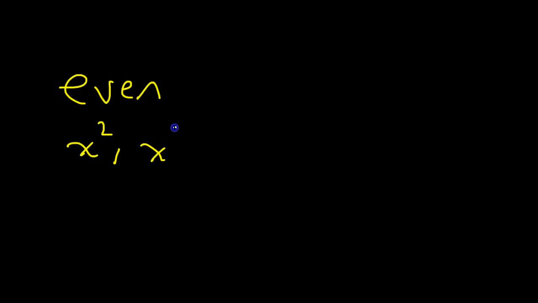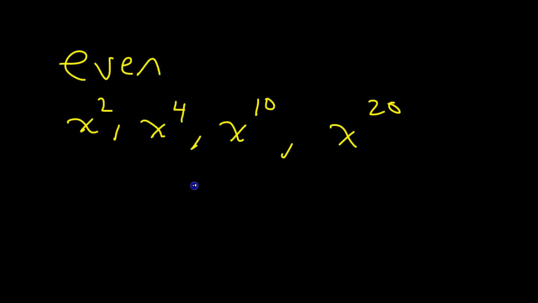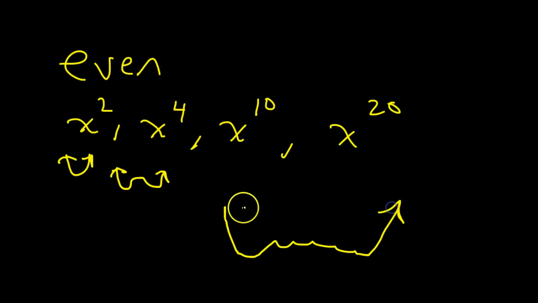Turns out any even degree, whether it's going to be x squared or x to the fourth power, or x to the 10th power, or x to the 20th power, the end behavior is going to work the same way. Just like x squared went like this, and x to the fourth power went like this, they are all going to have this end behavior where they're reaching toward the sky on the ends.